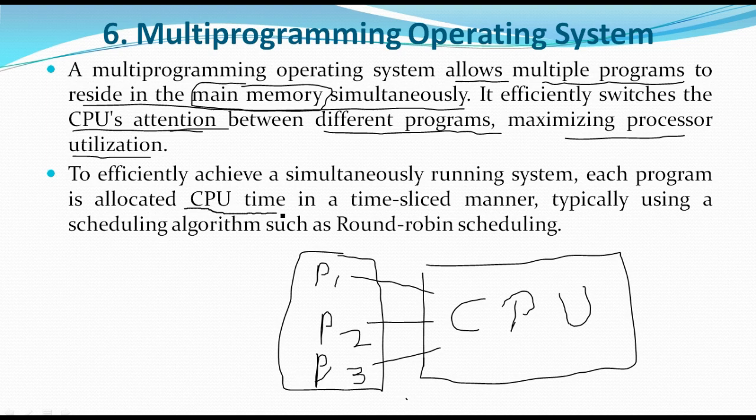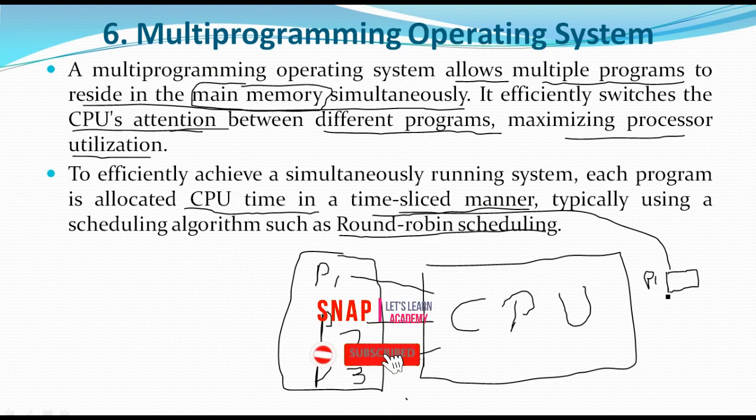If P1 doesn't complete in 4 milliseconds, then another 4 milliseconds is allocated. This fashion of allocating the CPU to the processes is called round robin scheduling. We will understand this concept in our upcoming videos.